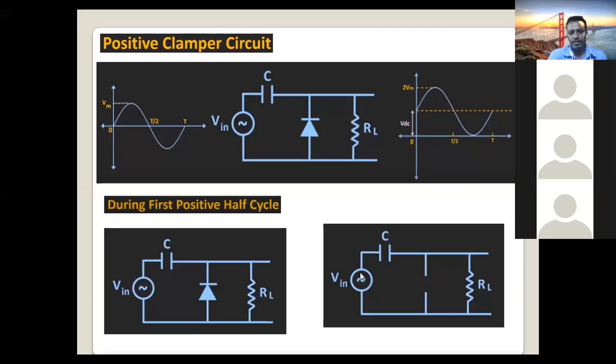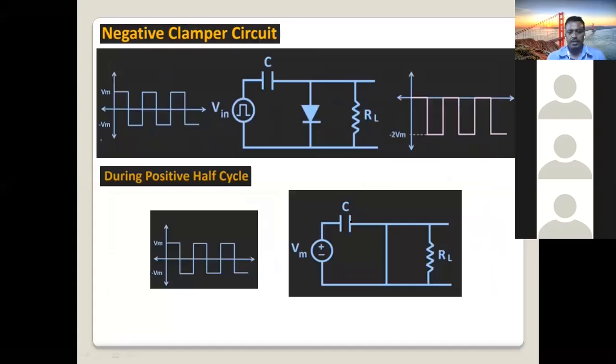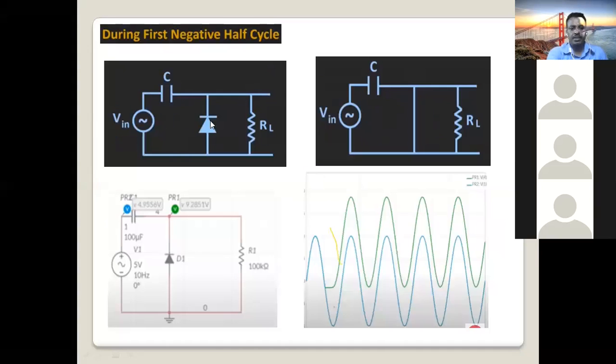To negative clamper circuits. Okay, so what's the difference between negative clamper and positive clamper? On the positive clamper, the diode N side is here, P side is here.